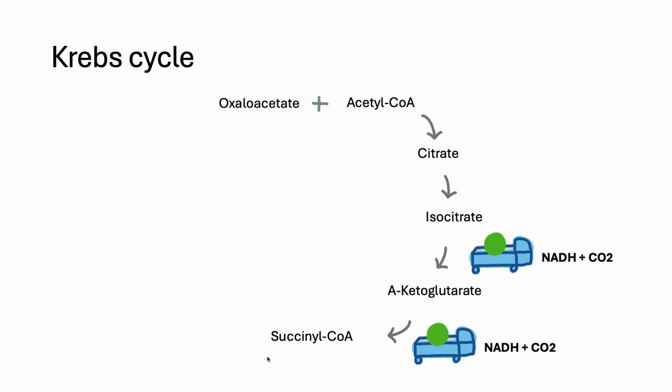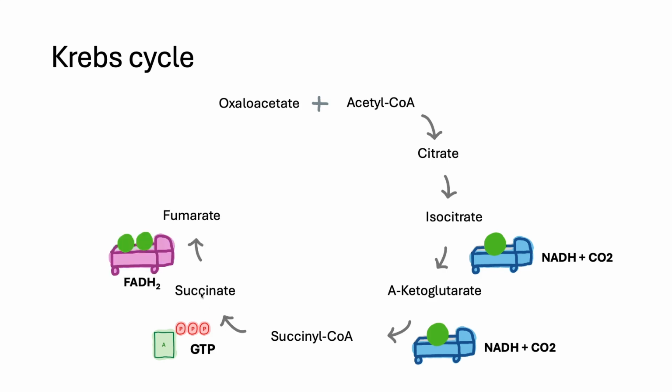And then finally, we've got to regenerate our oxaloacetate. So to get back there, we have a reaction which releases 1 molecule of GTP to make succinate. GTP is essentially analogous to ATP. And then succinate becomes fumarate, loading up 1 FADH2, and then fumarate becomes malate, and then malate finally undergoes 1 final oxidation, loading up 1 NADH to make oxaloacetate.